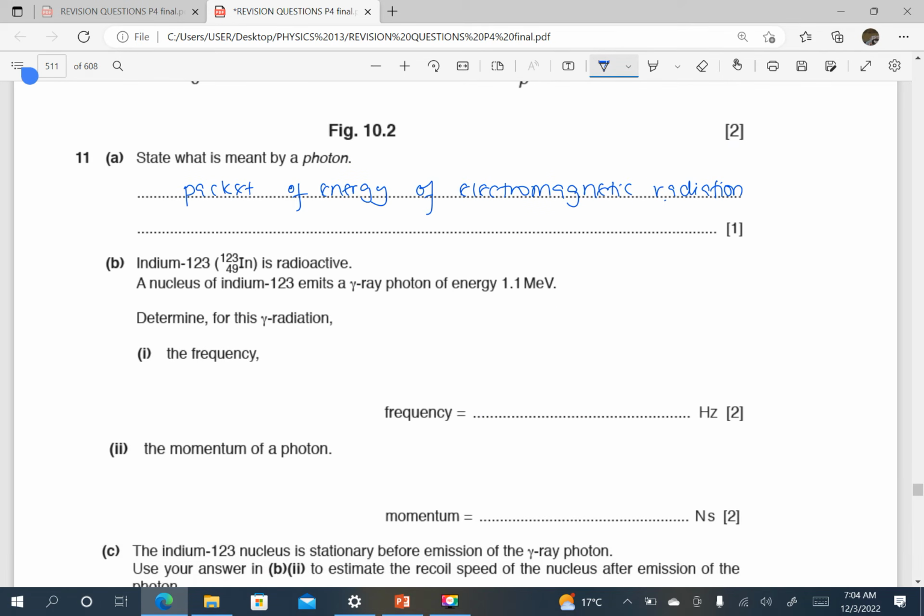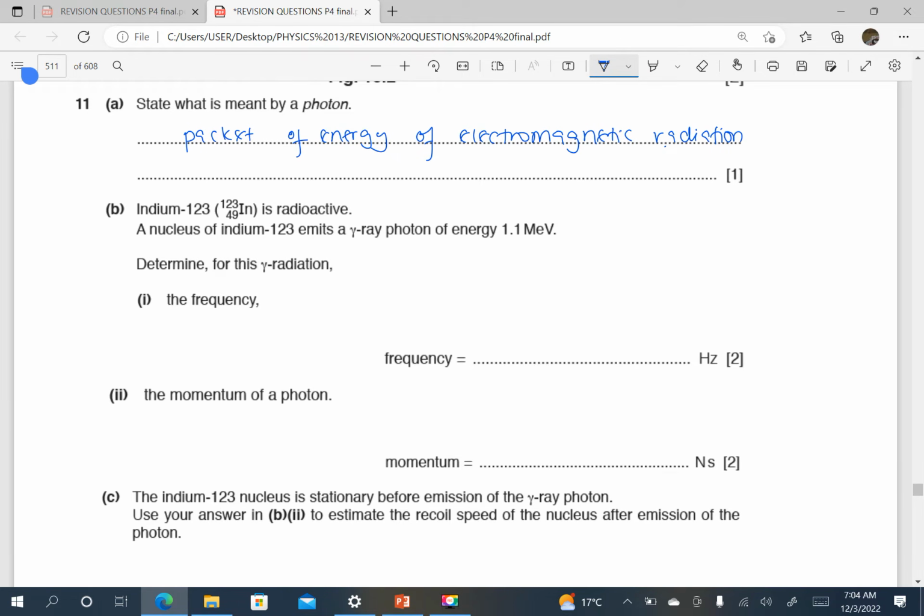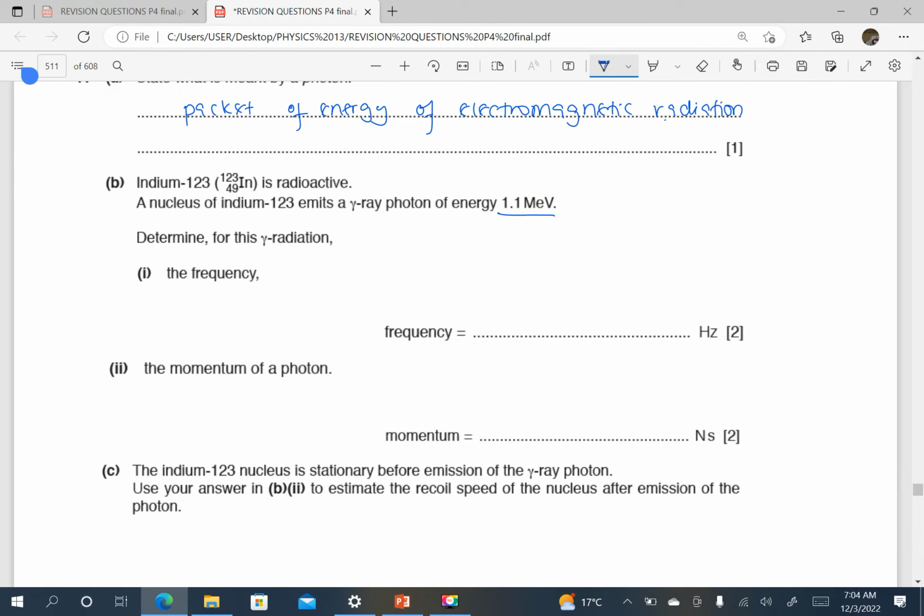I think this question was repeated in another year, so that's why it is appearing a second time. A nucleus of indium emits a gamma photon of that energy. I will just repeat it for completeness. Energy is equal to hf, and we want the frequency.